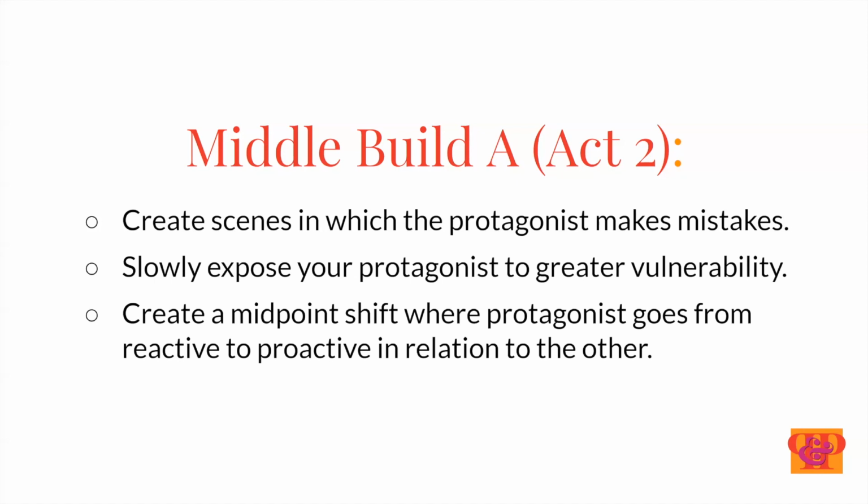Create a midpoint shift where the protagonist goes from reactive to proactive in relation to the other. They begin to admit that they want the relationship. The midpoint shift is usually a subtle moment or only implied in subtext and often involves a change of location.